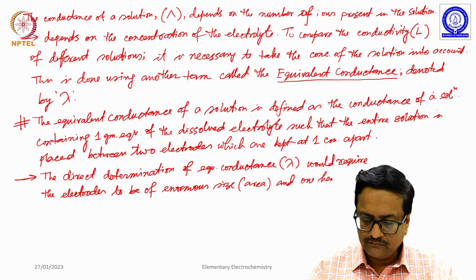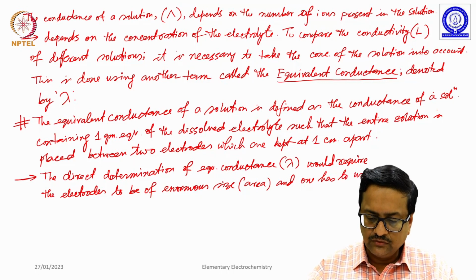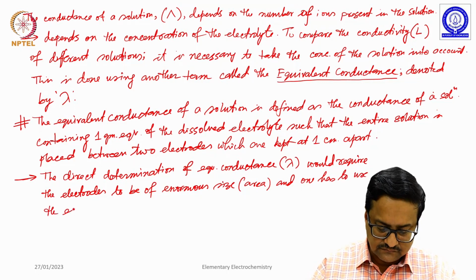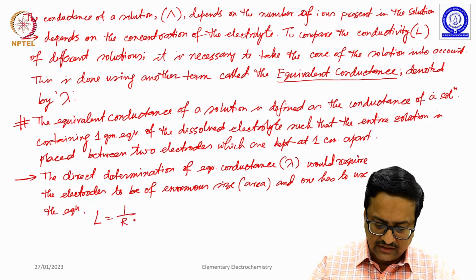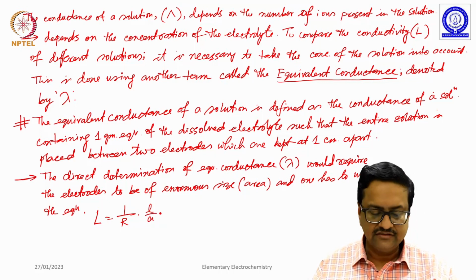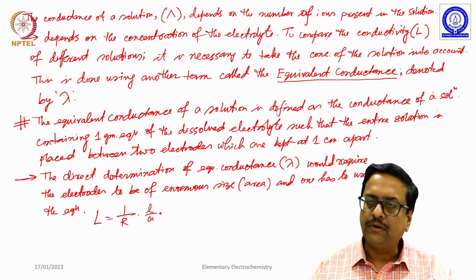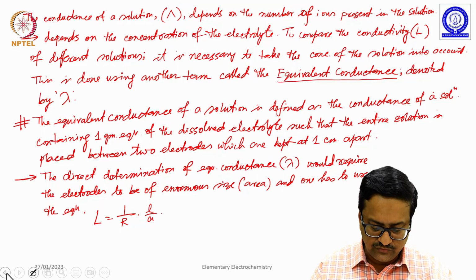One has to use the equation L equal to 1 by R into l by A, where l is the path length or the distance between the two electrodes.